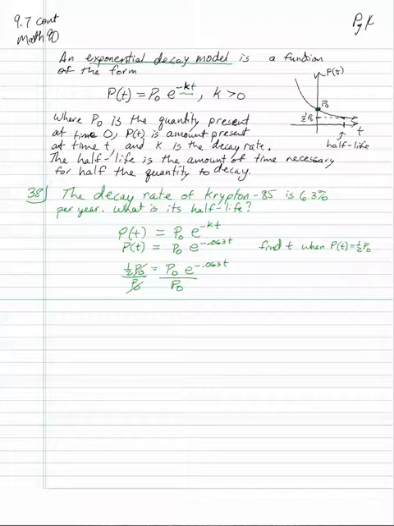It doesn't really matter what you start out with. To get the half-life, you're always going to get 1/2 equals e to the negative 0.063t. Take ln of both sides. The ln and e cancel each other, and then divide by the negative 0.063.